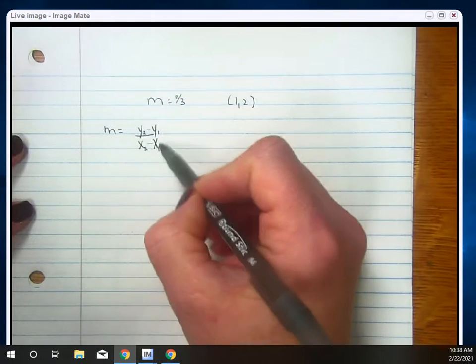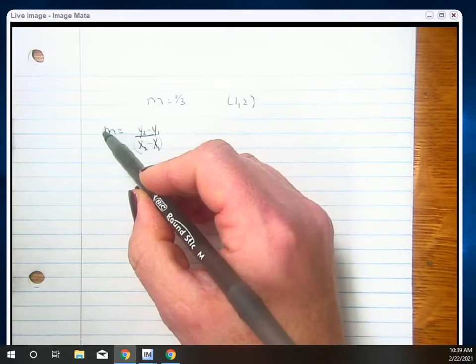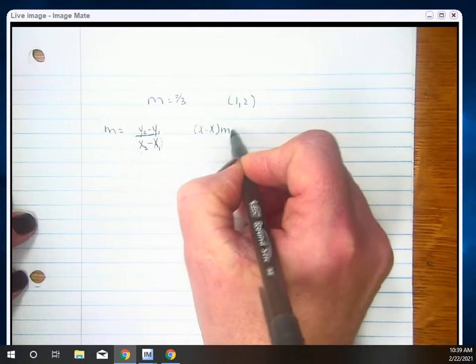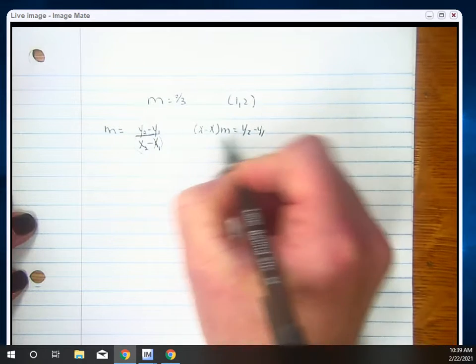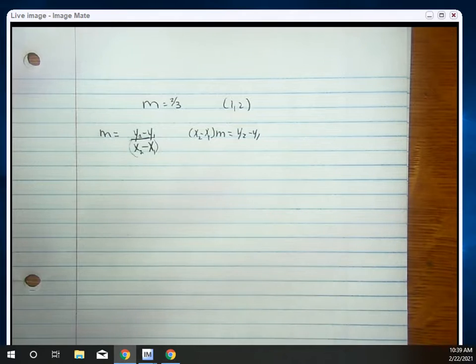If I take this fraction and move it to the other side, then I have an equation of a line, do I not? This form is called point slope.